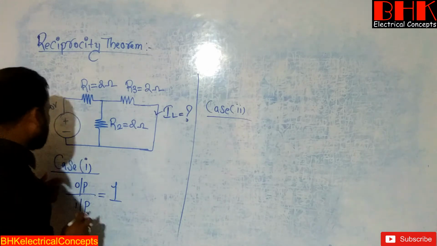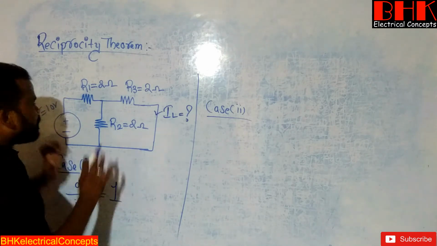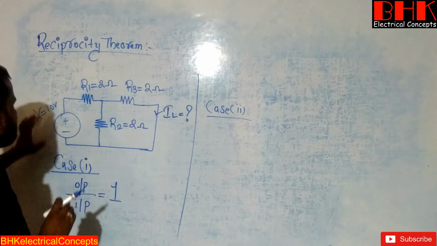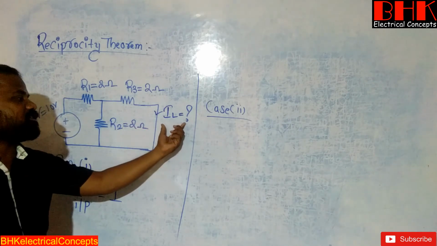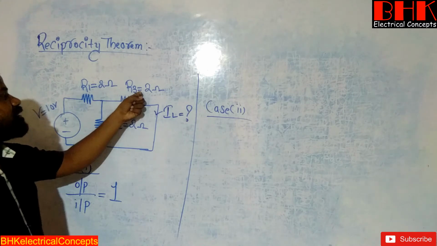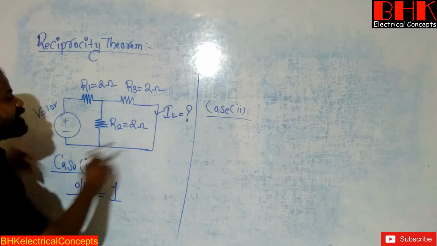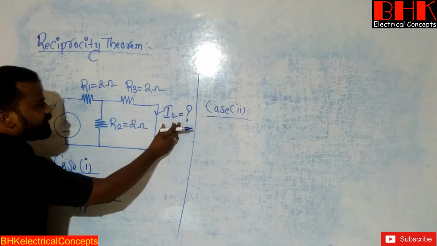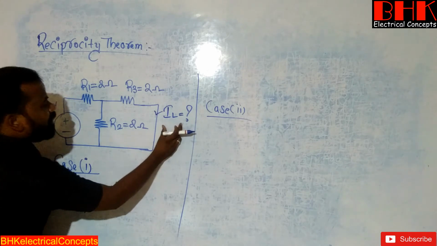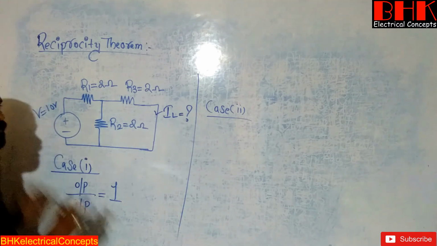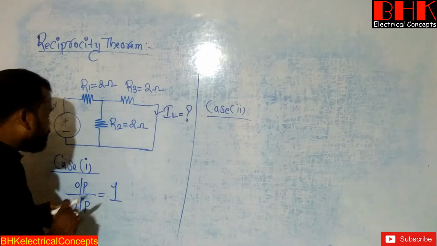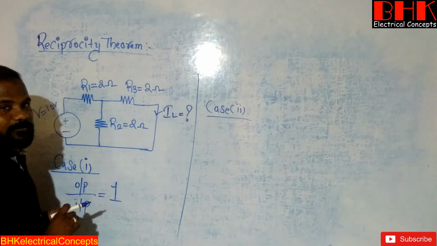So in case number 1, we apply some voltage and some amount of current flows in the R3 branch. After getting the value of current, we take the output by input ratio, and finally I got, for example, the value 1.